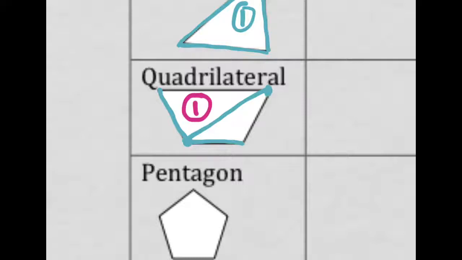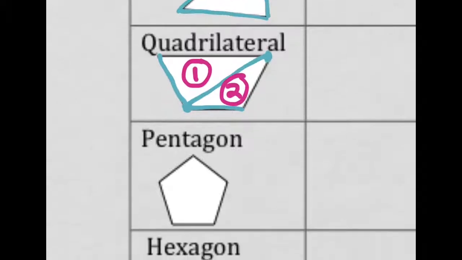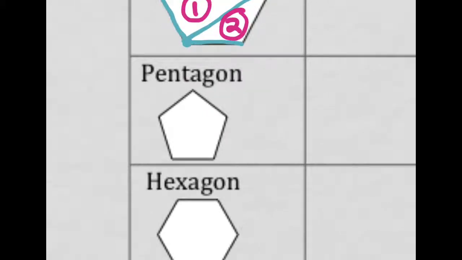Triangles. 1 triangle, 2 triangles. Okay? Let's take a look at this next one. Let's pick the top as a vertex here. We could pick any of the corners, but we'll draw our diagonals out like that. Look at that. How many triangles is that? 1, 2, 3.